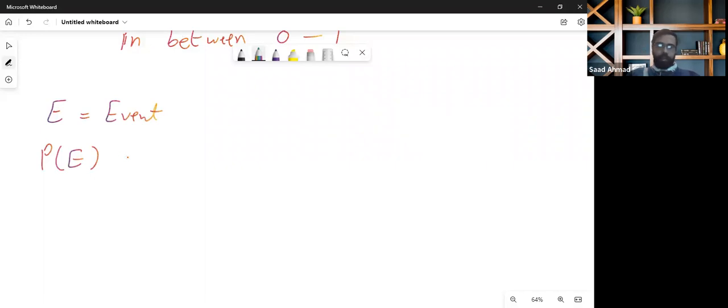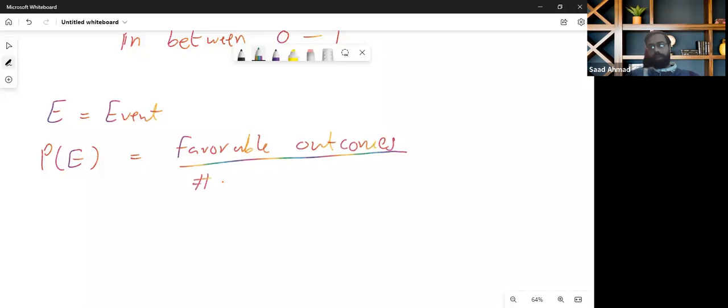So the probability of some event to happen is the number of favorable outcomes over the total number of outcomes. That's basically how we decide.